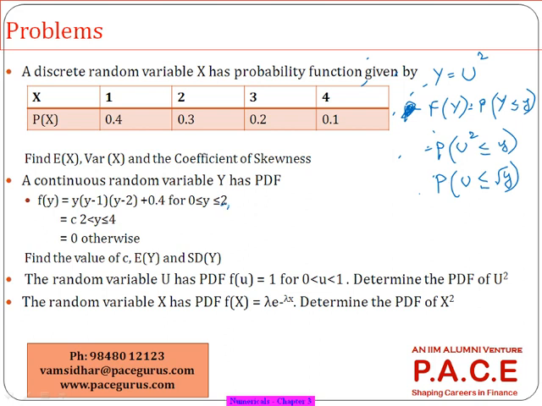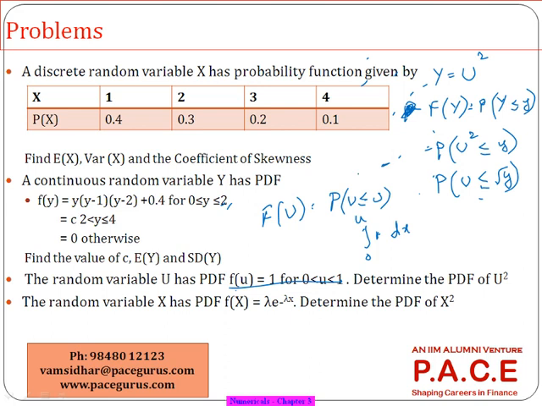Now, what is F of u? It is the probability of u less than or equal to u only, which is nothing but the integration from 0 to u of 1.